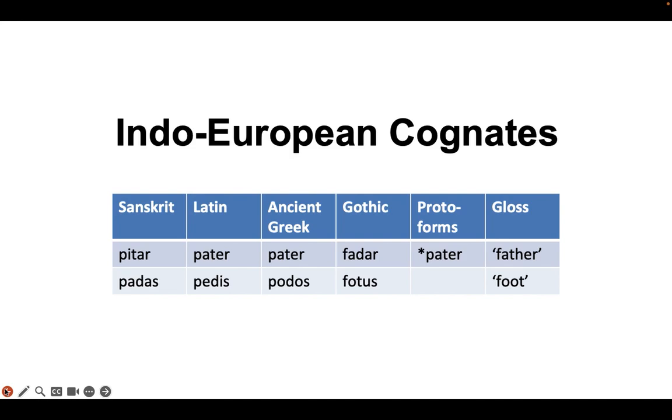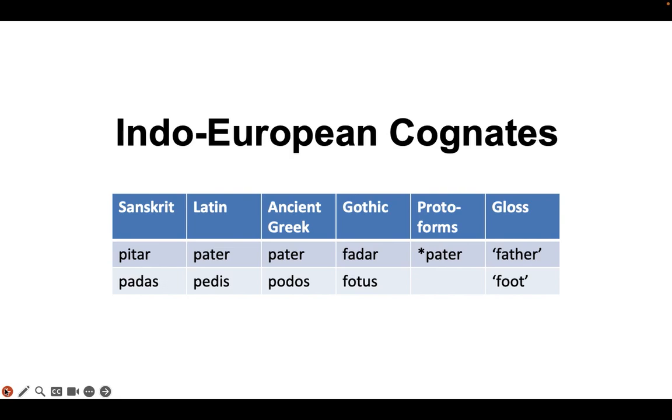So we already saw that both the majority principle and the most natural development principle tell us that the protoform most likely began with p, with a voiceless bilabial stop, because this is in the majority of the words, and also we would expect a stop to turn into a fricative, but not the other way around.